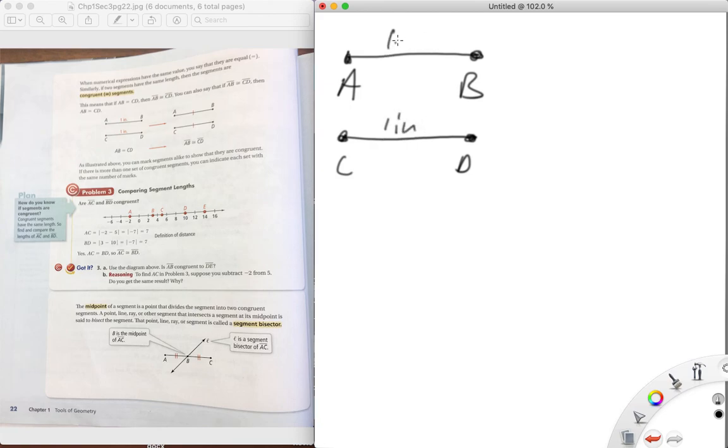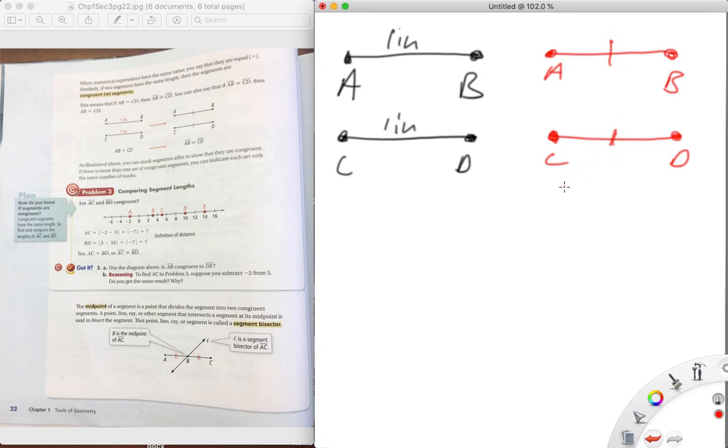We're told that CD is 1 inch. We have the same two segments over here, not to scale, AB and CD. We're not told what length they are, but we have these two markings which tells me that they are of the same length.